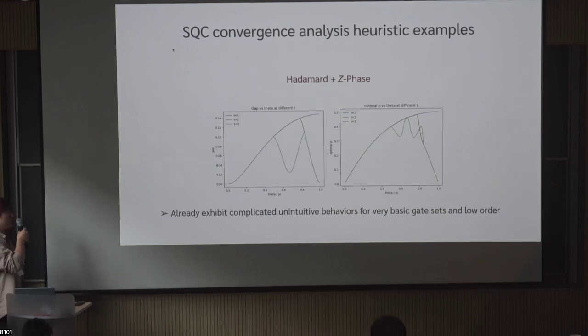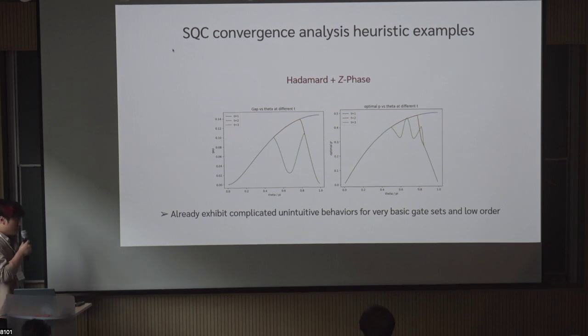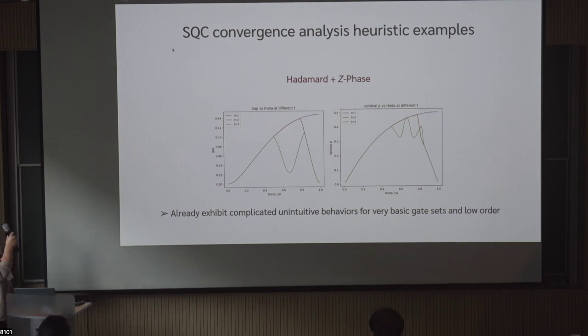Okay, so let's start with some very heuristic examples. Here we are considering only one qubit, and this is probably the simplest ensemble that we can think of. This ensemble is composed of a distribution over Hadamard gate and Z phase.